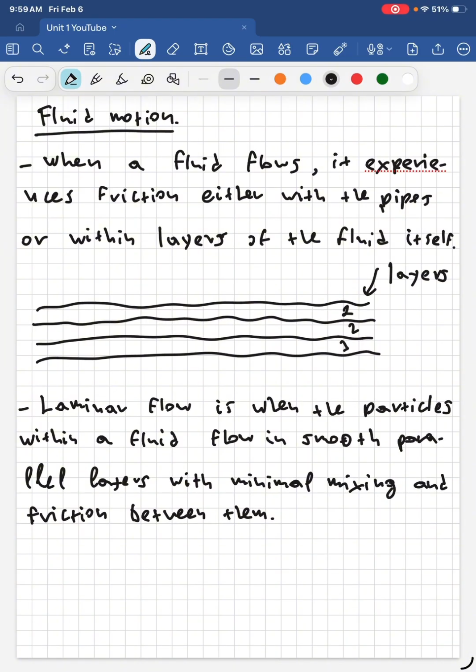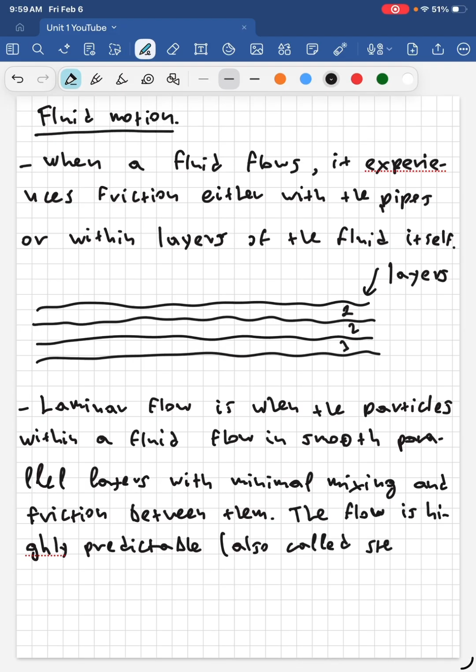The flow is highly predictable. It's also called streamlined flow.